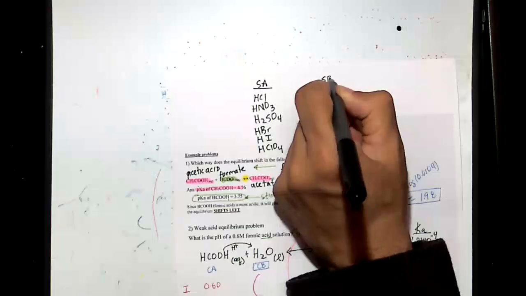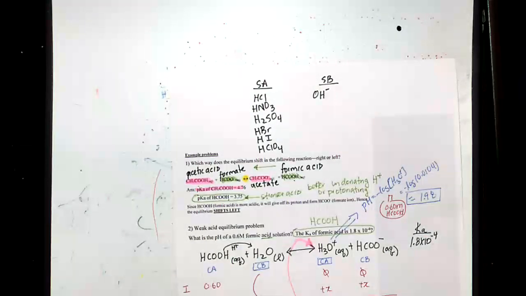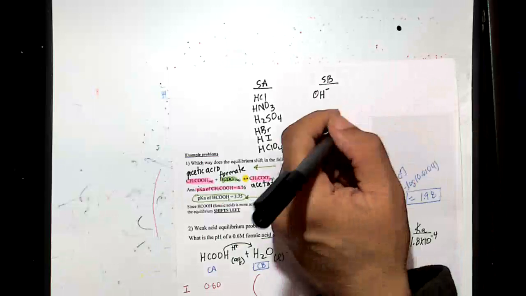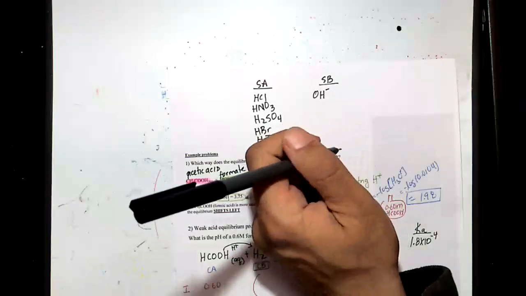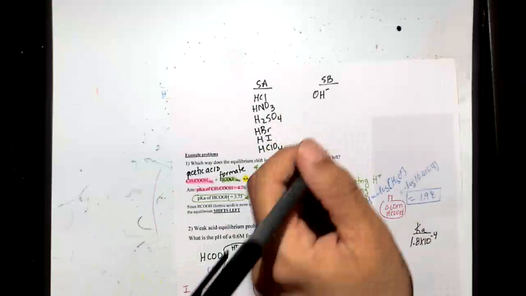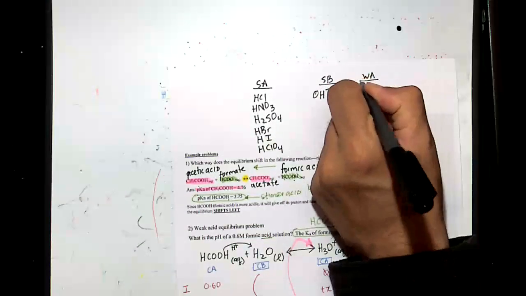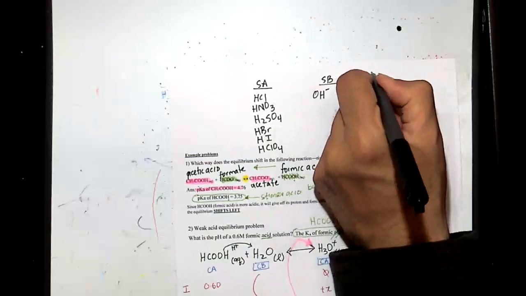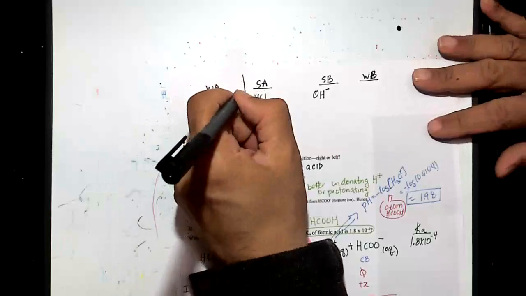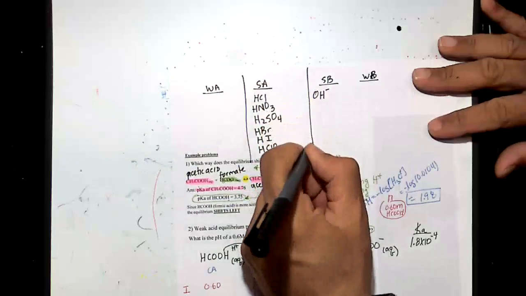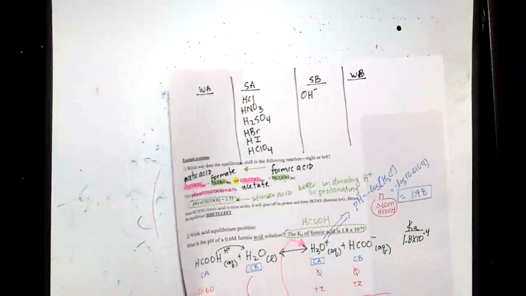You'll do the same for a strong base, and that's anything that you see an OH minus in. So here you plug it in straight into the pOH equation. Okay, our weak acids are anything that's not this.